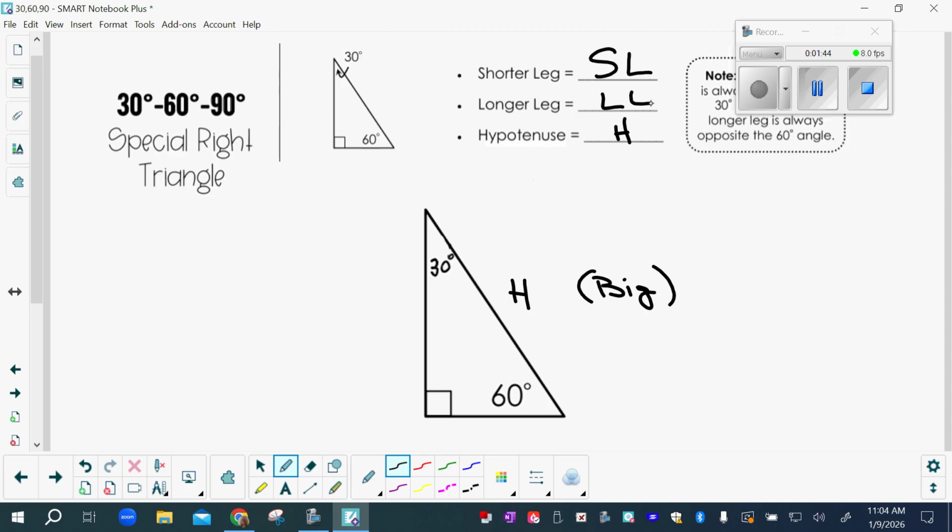We always go across. So if 30 is the smallest, and it is, his little leg is right here. And 60 is in the middle. It goes right here. Does that make sense? So we will have a medium, a small, and a big.